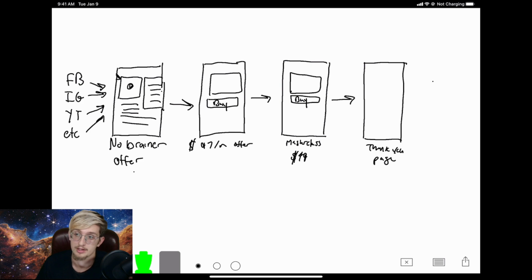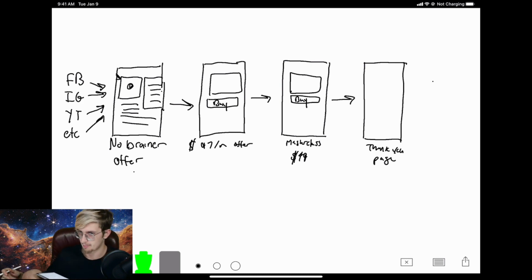And that's because if you structure this funnel correctly, the introductory offer that you'll be using will only attract the people that your main offer would attract as well. Okay, so you're just getting eyeballs for cheaper, and you might be even able to make more money this way. Okay, so with that being said, let's go ahead and dive in.